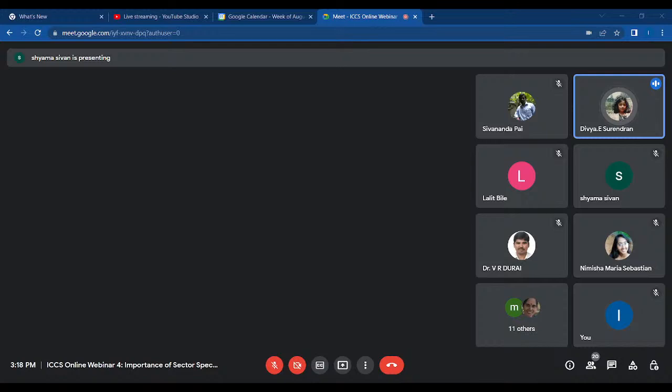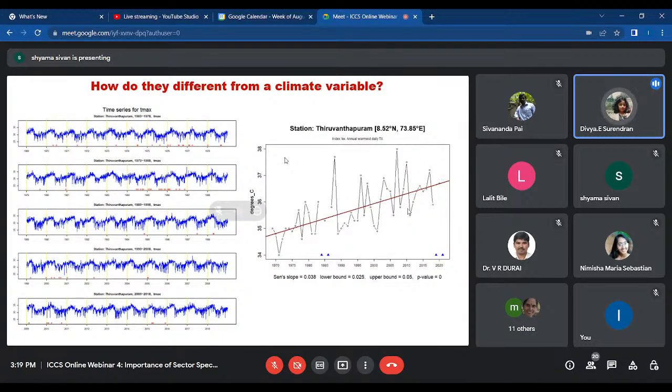So it gives the intensity of maximum temperature compared with the normal time series. It is a climate index, and with the climate index we can say how hot that particular year was.